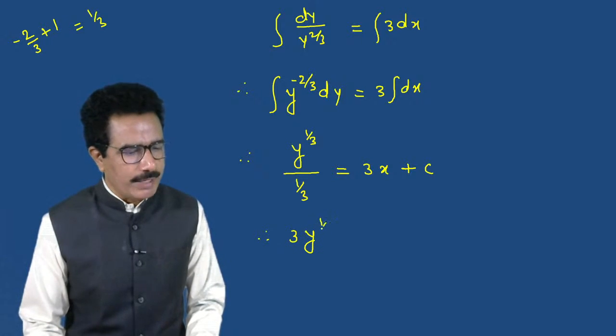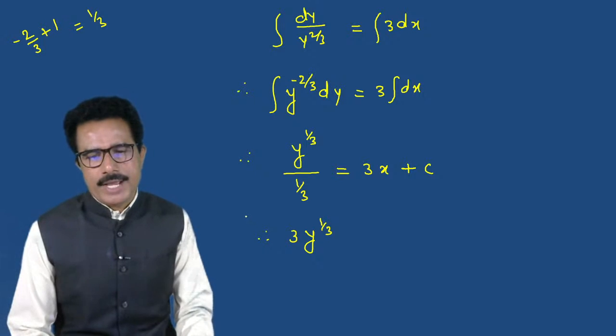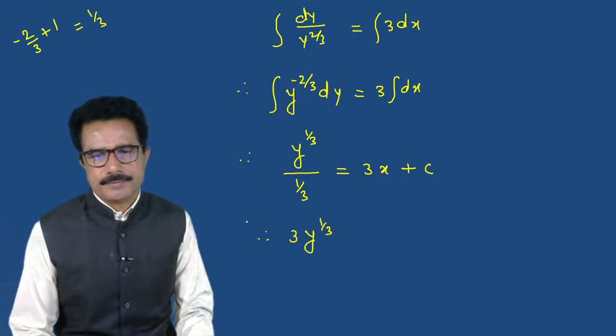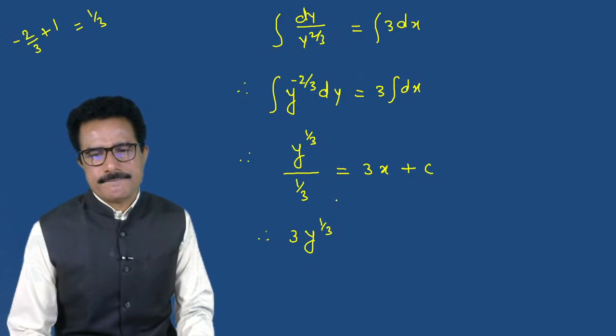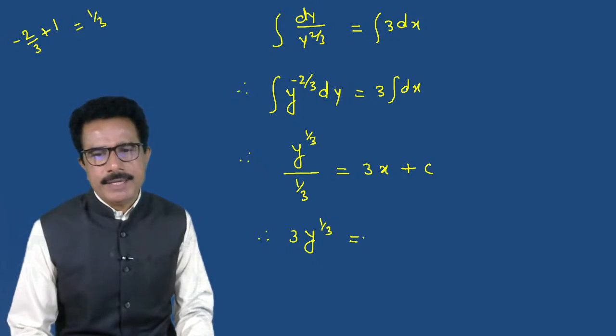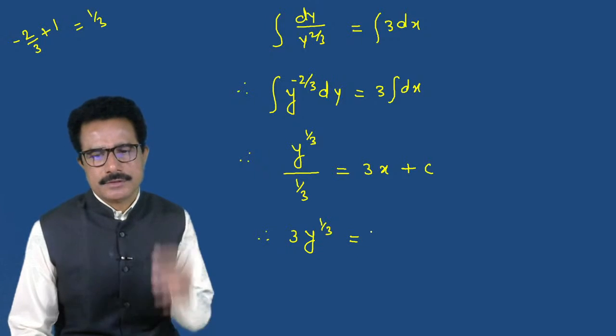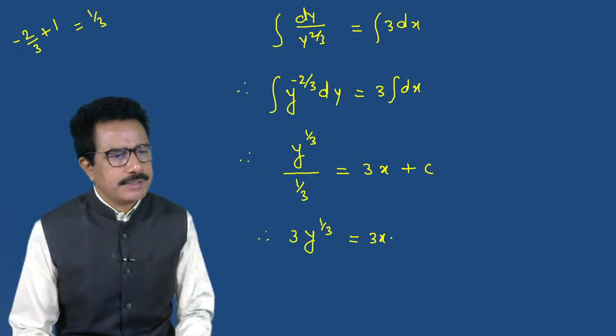So we can write 3y raised to 1 by 3 equals 3x plus c.